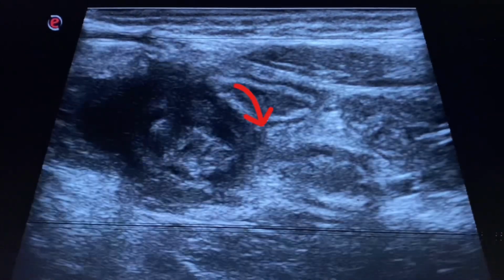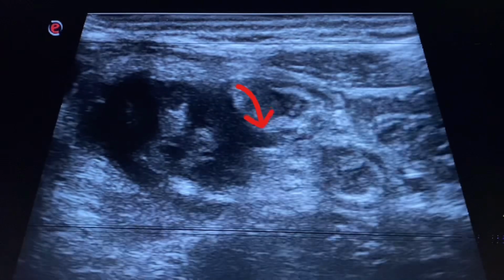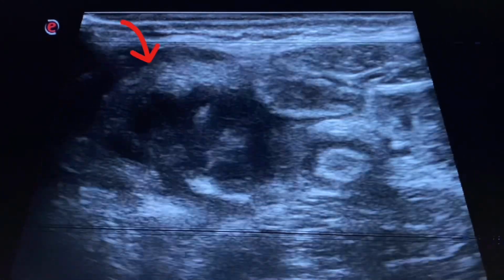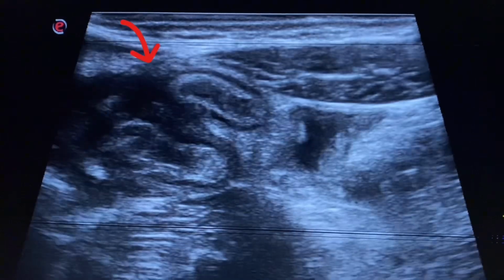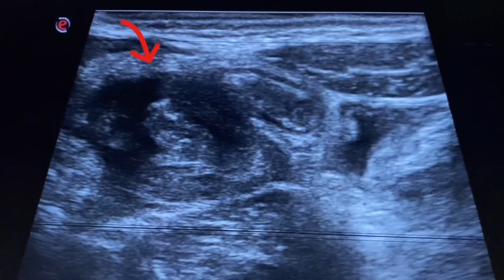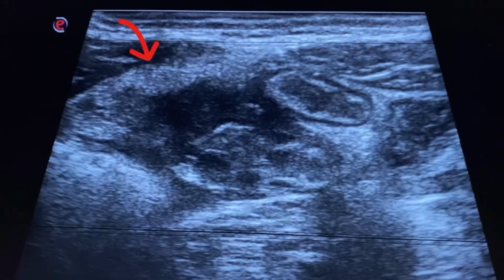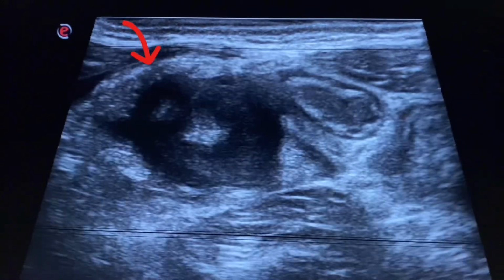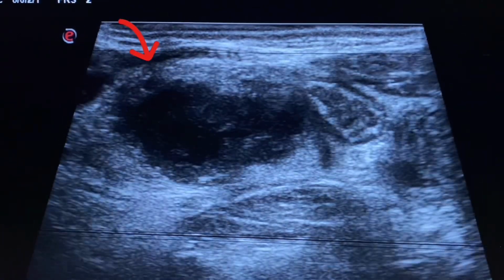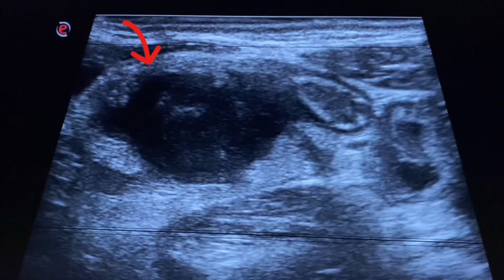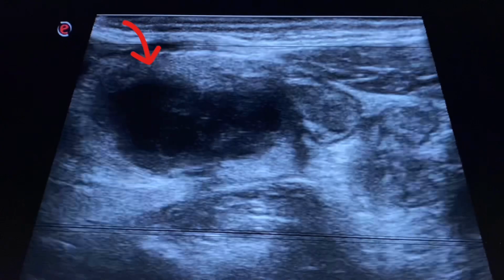This is the appendix which is inflamed and a heterogeneous mass in the proximal part of the appendix. Here we see the ill-defined debris collection in the soft tissues.